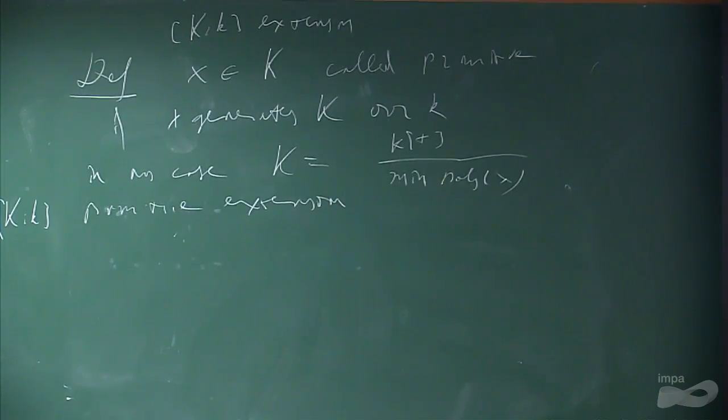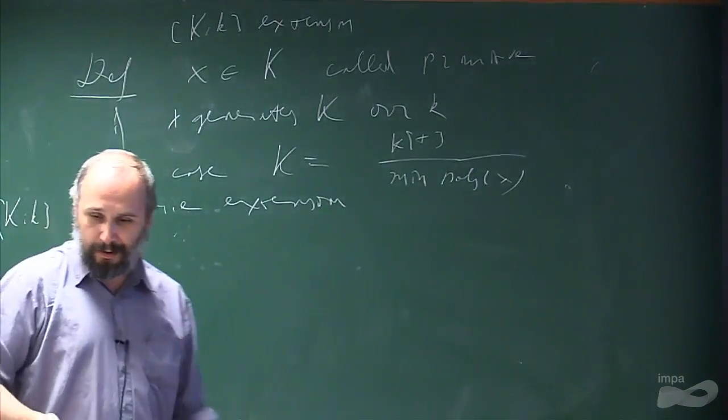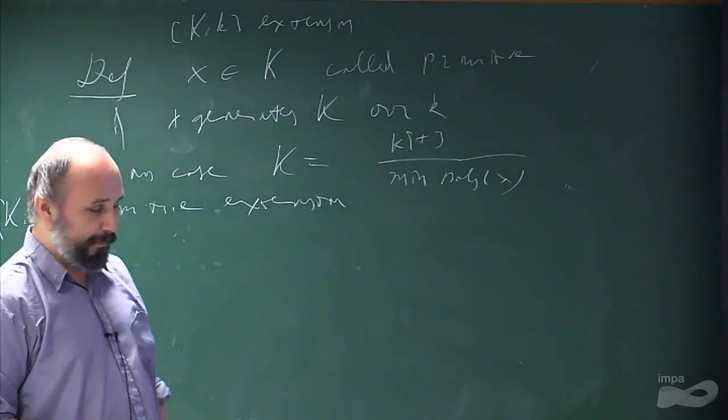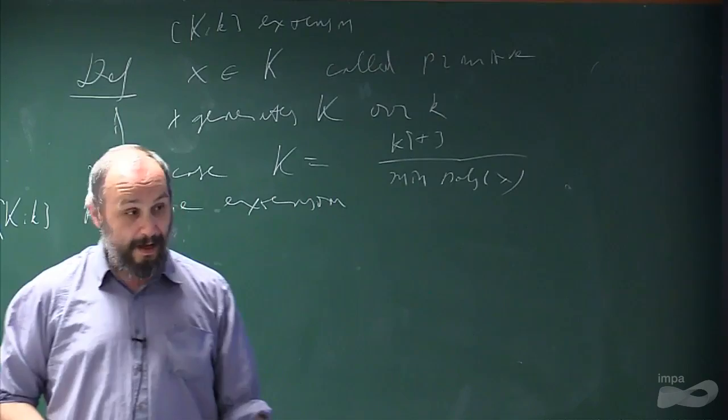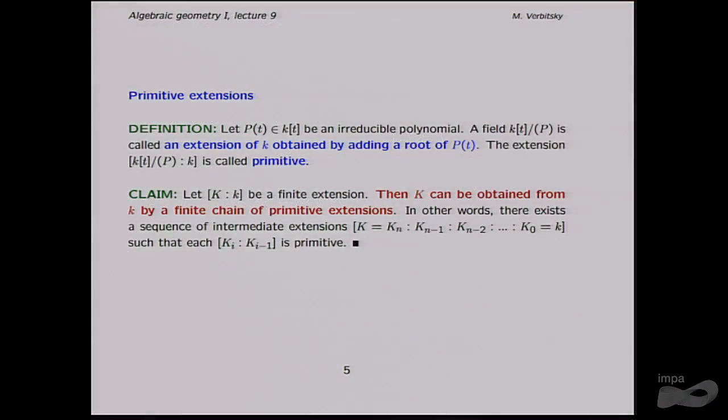And every time the dimension increases, so at some point, since it's finite, you will end up with your big K. In fact, I will prove today, if I have time, that in characteristic 0, every extension is primitive. So you always have this. In fact, the general element is primitive. Have questions, comments? No?